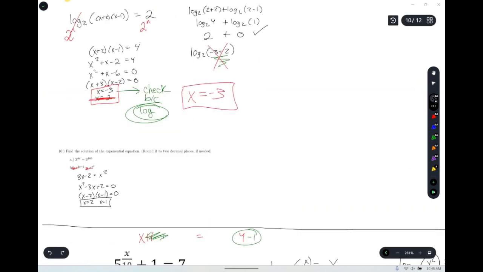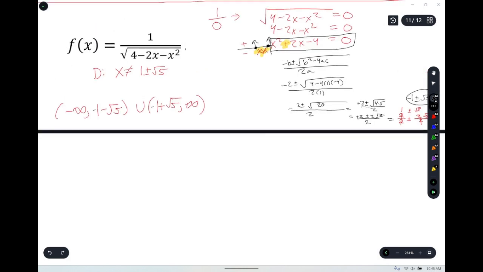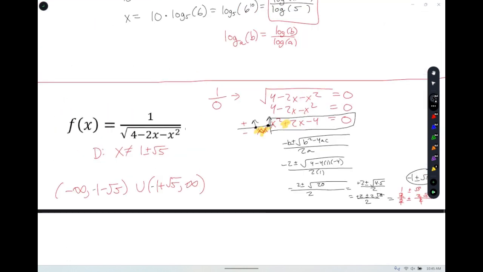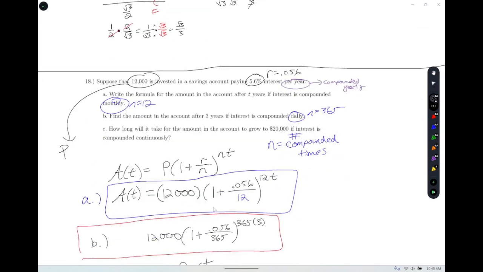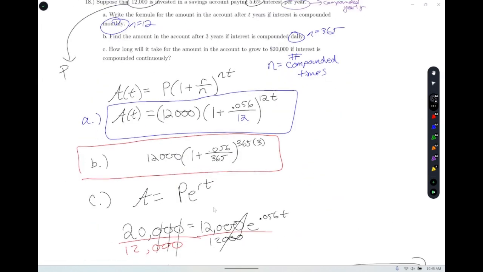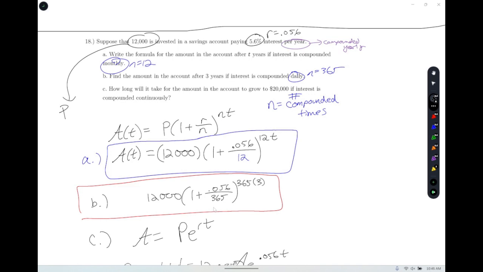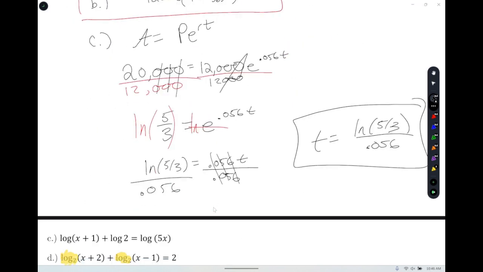Question, Professor. Sorry, what are you talking about? Number 18? When did we get the 5 over 3? The one that you ln 5 over 3? 20 over 12.